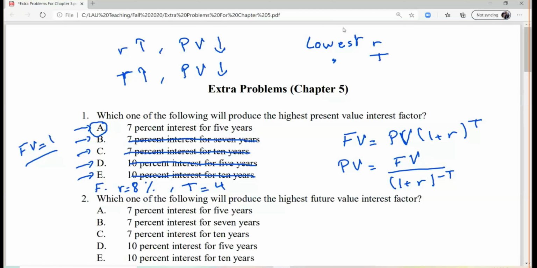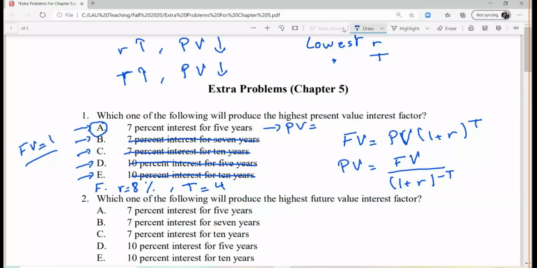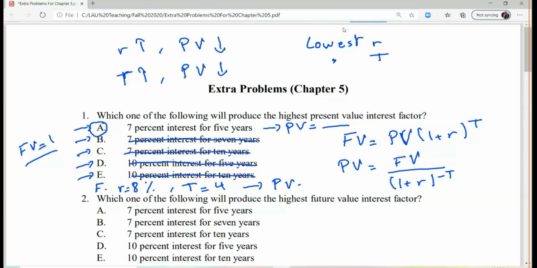In this case, I cannot directly tell because, as you can see, A has a lower R, however, F has a lower T. In such cases, you need to solve. You need to compute PV here, and I will get an answer. And I compute PV here and I'll get an answer. Then I choose the one that will give me the highest present value interest factor.